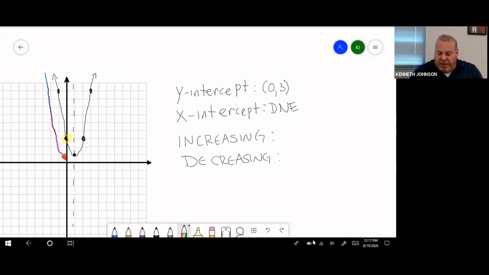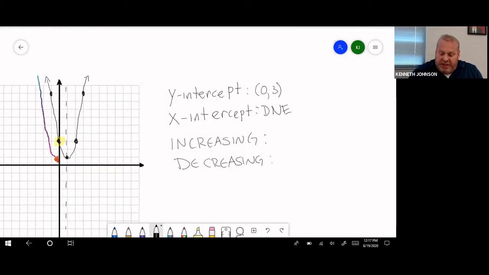It's going down from left to right. And I'm going to write this using interval notation, which is simply to say, I'm going to put a parenthesis, and then I'm going to say, where does it start and where does it end? Well, it starts off my graph. It starts way over. I just care about the x values.